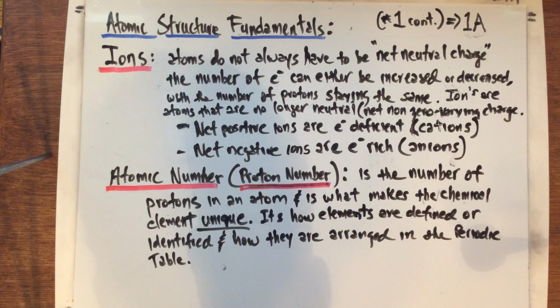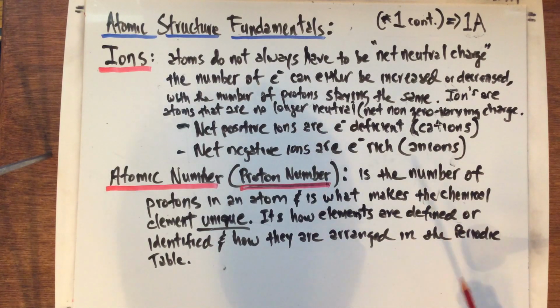So the atomic number is the number of protons in that atom, and it is what makes that chemical element unique, okay? It is basically what defines that element by its proton number. It's how elements are defined or identified and how they are arranged in the periodic table, okay? It's kind of like their social security number.